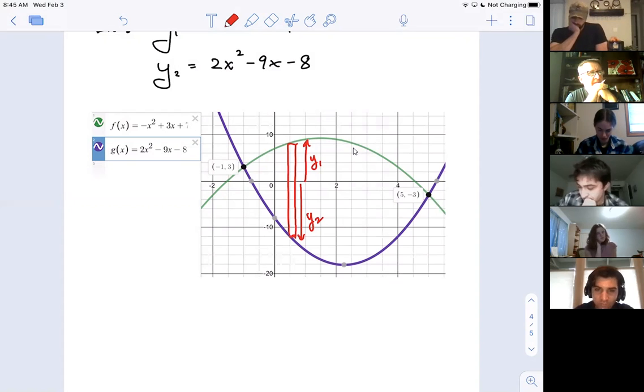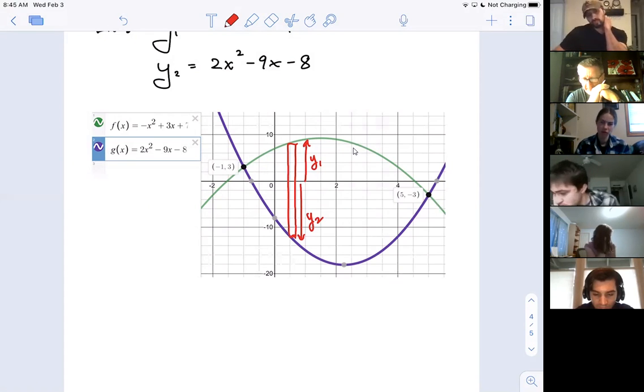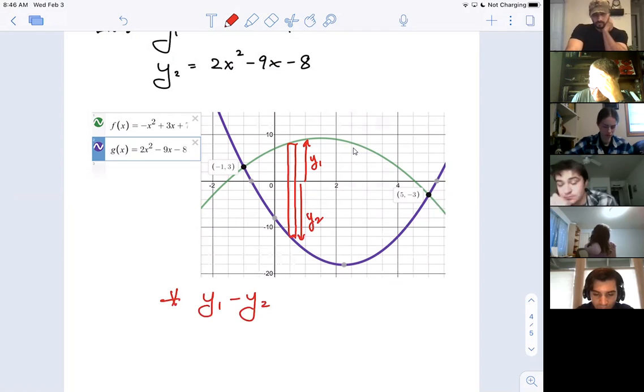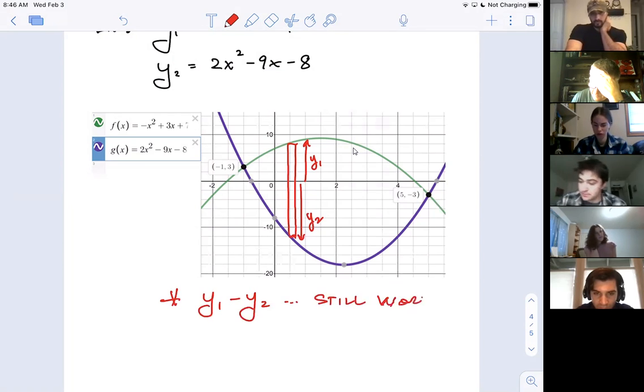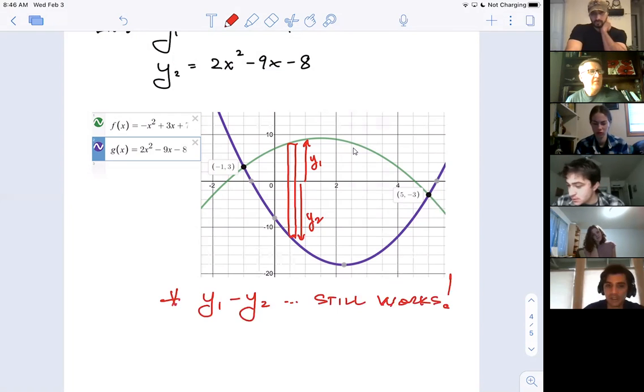Do you agree that on the purple graph, y2 is negative there? Like y2 would be a negative number since you're going down? For that reason, y1 minus y2 still works because it's negative.